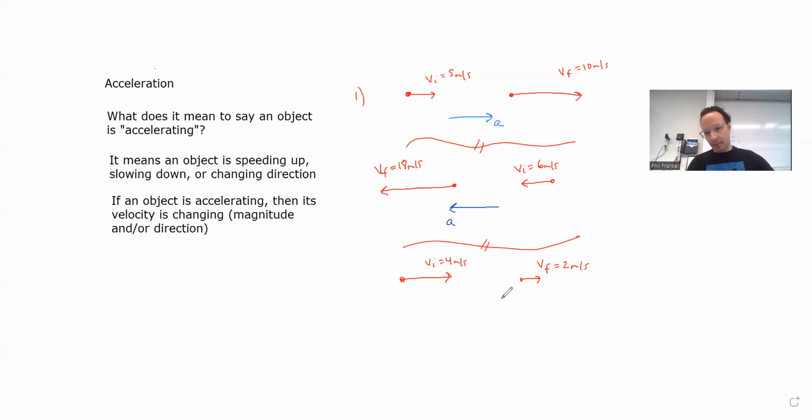In this situation, the object was accelerating to the left. So the object was not accelerating in the same direction it was moving. It was accelerating in the opposite direction, and that caused the object to slow down.